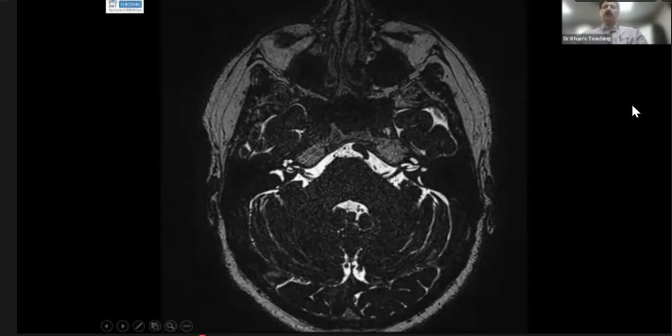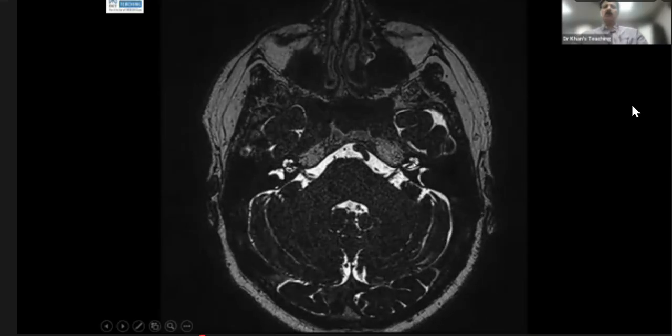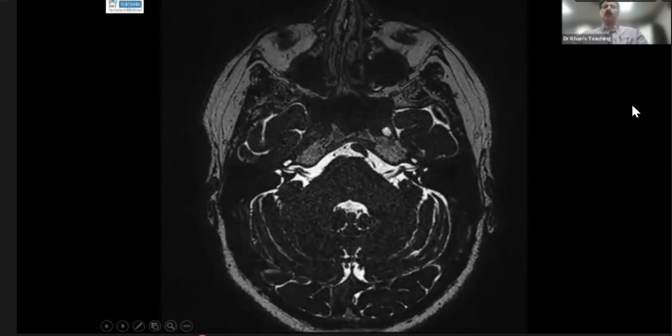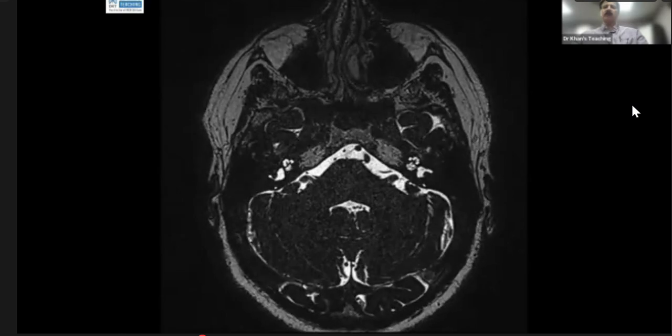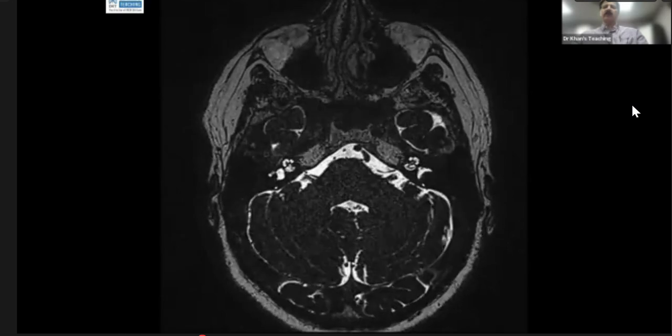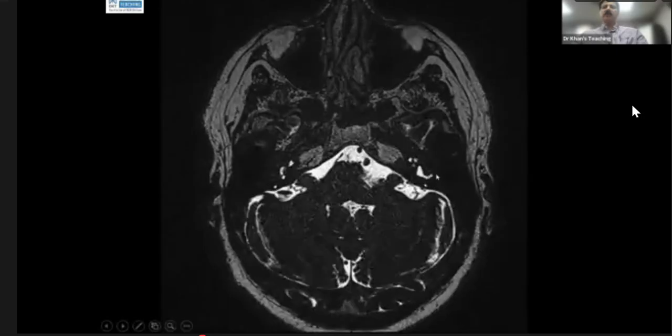So this is the vestibulocochlear nerve, which divides into the cochlear component and two vestibular nerves, superior and inferior vestibular nerves. Other than that, you can see that this is the vestibule, and this is the lateral semicircular canal.